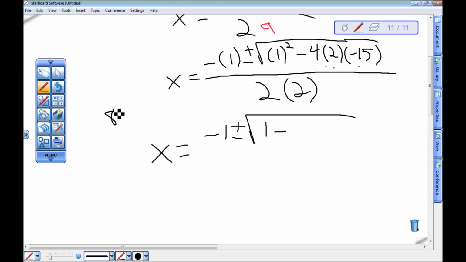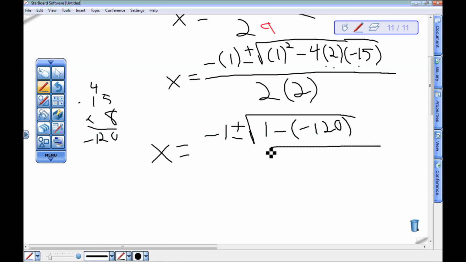So 8 times negative 15 is the opposite of 8 times 15. 8 times 5 is 40. 8 times 1 is 8. 9, 10, 11, 12. So 120. So this is negative 120 over 2 times 2 is 4.